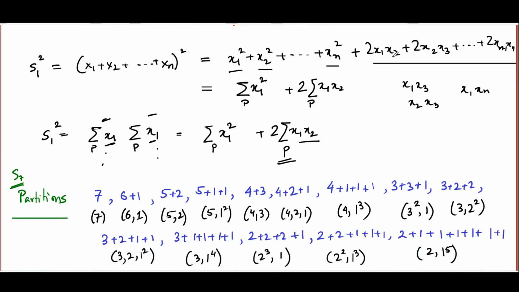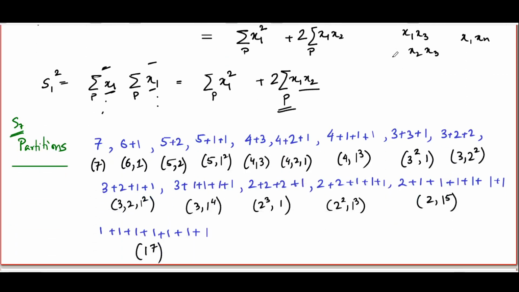So 7 has the following partitions. 7 itself, of course this corresponds to x1 to the 7 and all its permutations. I'm just not writing down all the permutations. Then you have 6 plus 1. This corresponds to x1 to the 6, x2 plus permutations of course. Then 5 plus 2, x1 to the 5, x2 square, x1 to the 5, x2, x3, x1 to the 4, x2 cube.